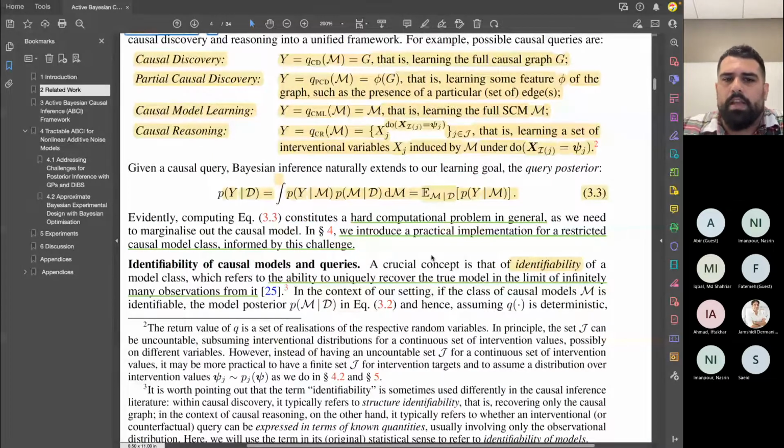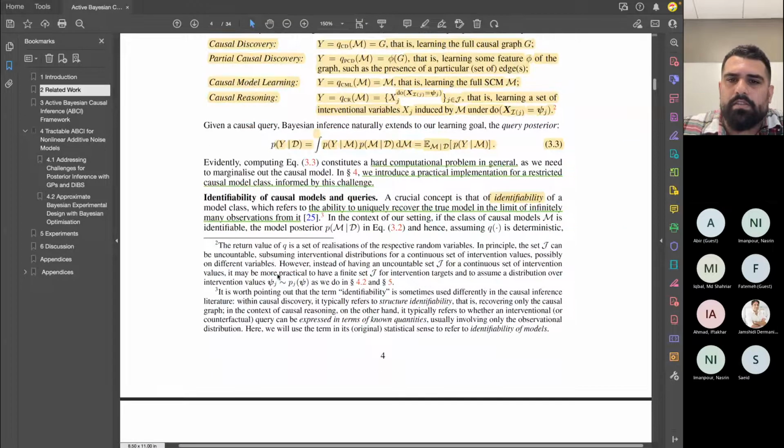Then they talk about identifiability of the causal models and the queries, and they define identifiability as the ability to uniquely recover the true model in the limit of infinitely many observations from it.